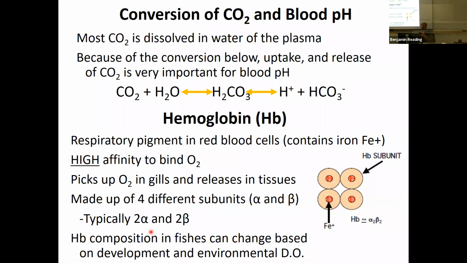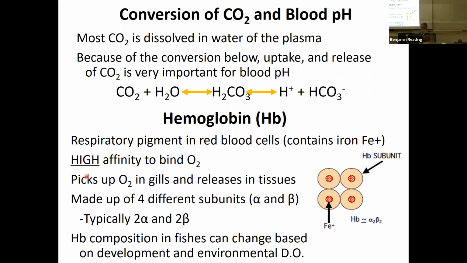When we look at oxygen transport in the blood, the primary respiratory pigment we're talking about here is hemoglobin. Hemoglobin, I abbreviate here Hb. And this is the respiratory pigment. It is what gives red blood cells their red color. It contains iron, and when iron binds to oxygen, it turns this bright red color.